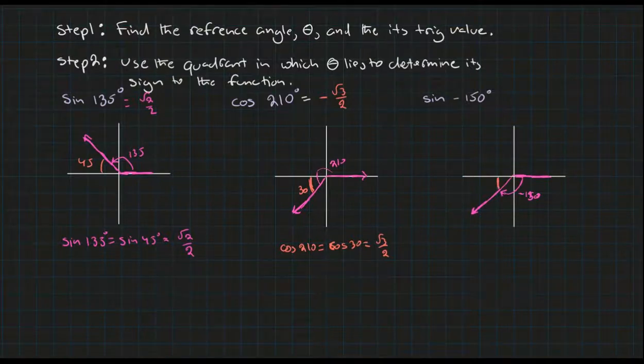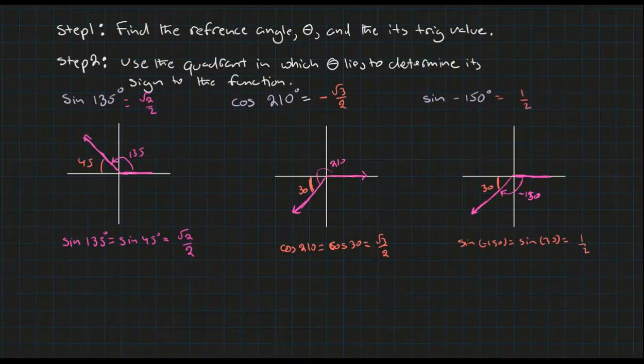This is going to be 30 degrees, so the reference is 30. I can say that sine of negative 150 is equal to sine of 30. Well, I know sine of 30 is 1/2. So I can say this is equal to 1/2.